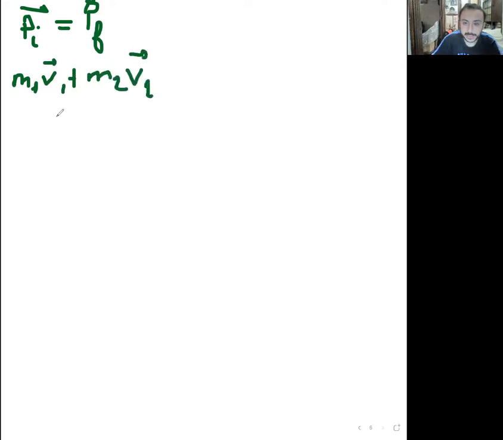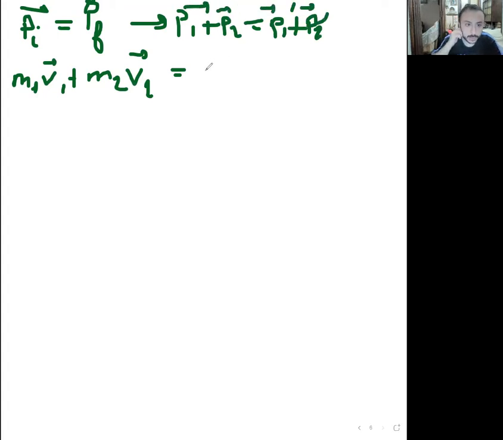Which means P1 plus P2 equals P prime 1 plus P prime 2, of course with vectors. The new linear momentum is m1 v prime 1. The mass is the same, the mass didn't change, it's just the velocity that changed, and m2 v prime 2.